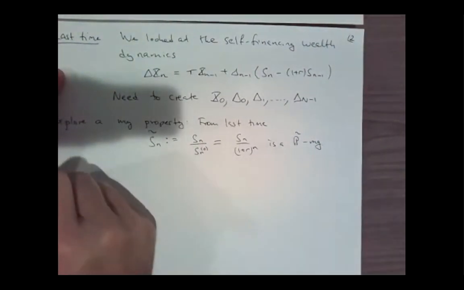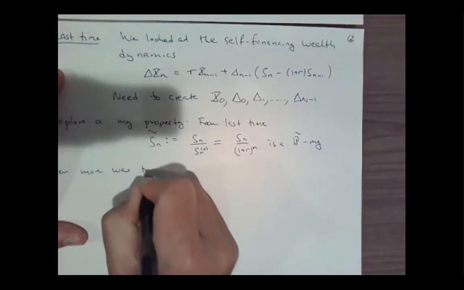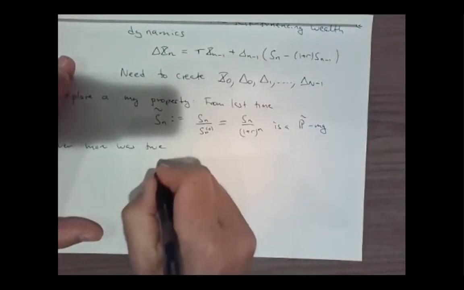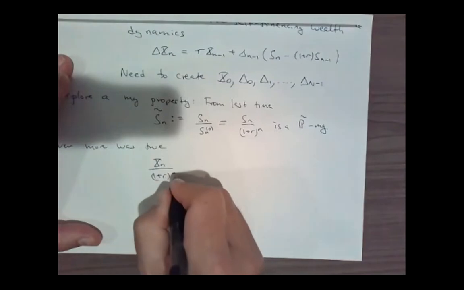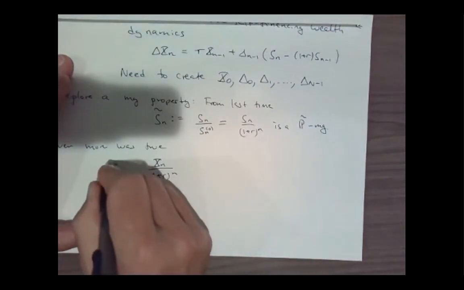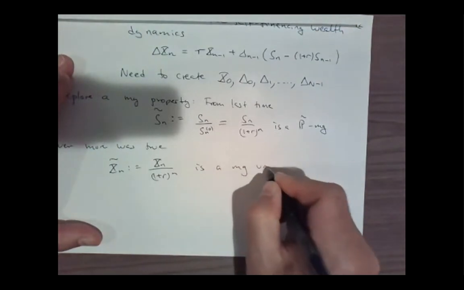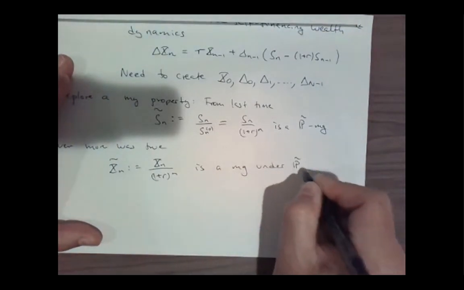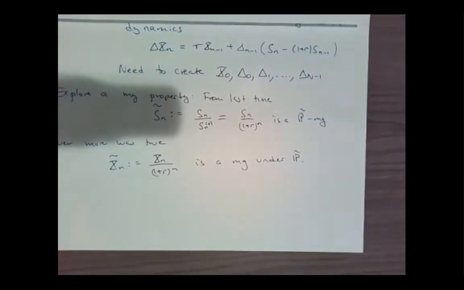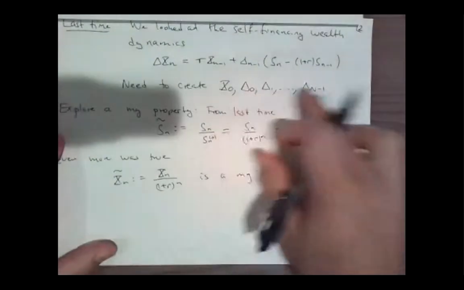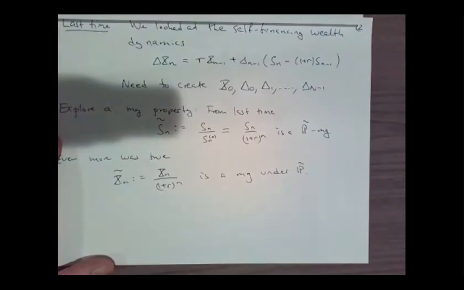And even more was true, namely that the discounted wealth, here was my xn tilde, is a martingale under this measure p tilde. So that's the property we're going to explore in order to do the creation of x0, delta 0, delta 1, all the way up to delta n minus 1.